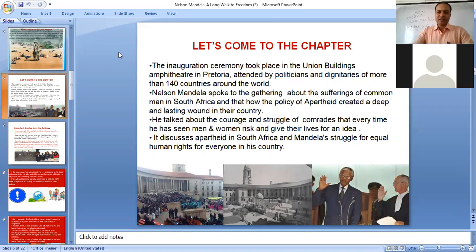It discussed apartheid, separateness in South Africa, and Mandela's struggle for equal human rights for everyone in his country. He said he always had an idea to give equal rights to all the people of South Africa, even poor and rich, even black and white, even higher and lower.